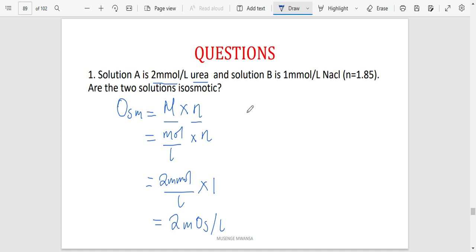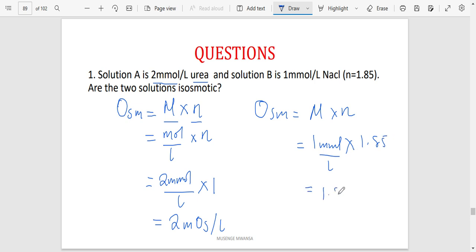If we go to the other solution to also calculate the osmolarity, then what are we going to get? The osmolarity also is going to be molarity multiplied by N. The molarity was already given as 1 millimole per liter. We multiply that by N, which is 1.85.